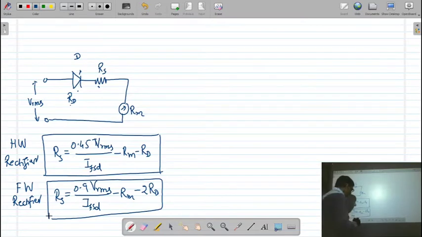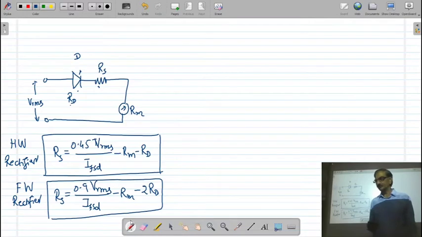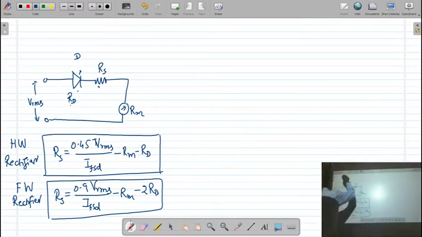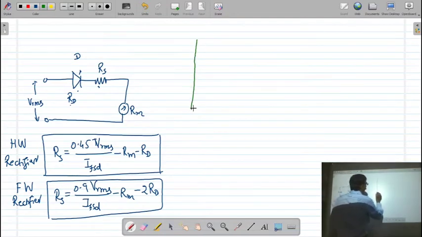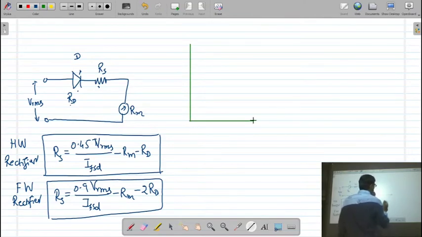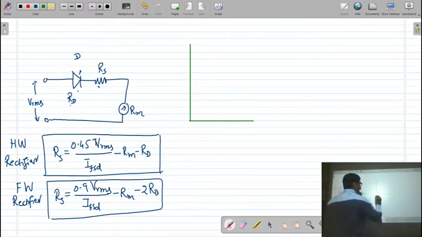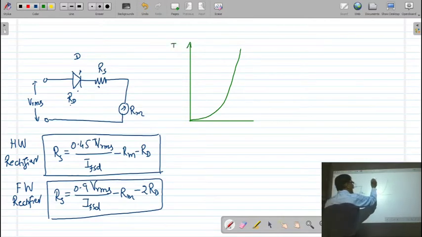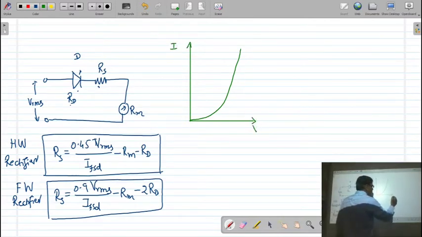Okay. Now we will discuss the characteristics of the diode. Already you have learned that the forward bias characteristics of the diode is like this. Here the y-axis is current, x-axis we have voltage.